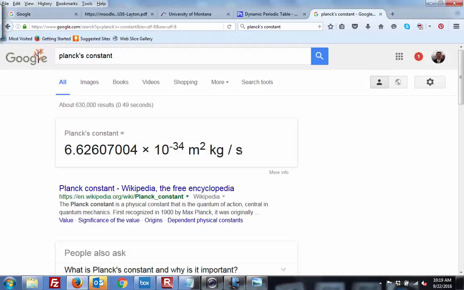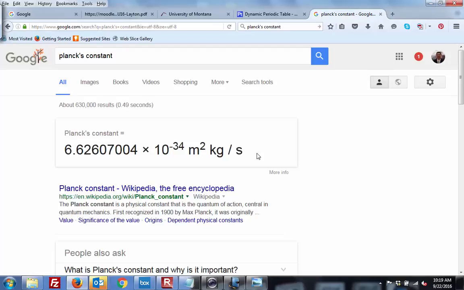The only thing that's missing from this is 1 over seconds. So there are the units of Planck's constant. This is actually a joule second, because all we've done is multiply a joule by a second to get those dimensions. So go ahead and write that down.